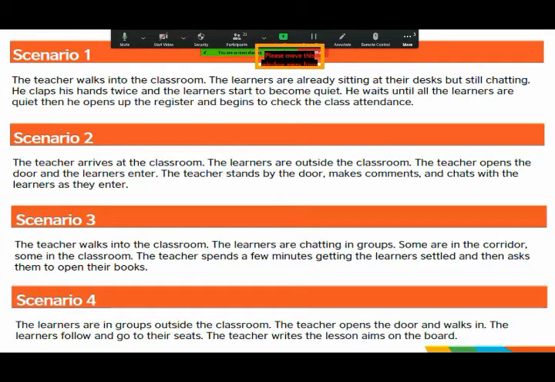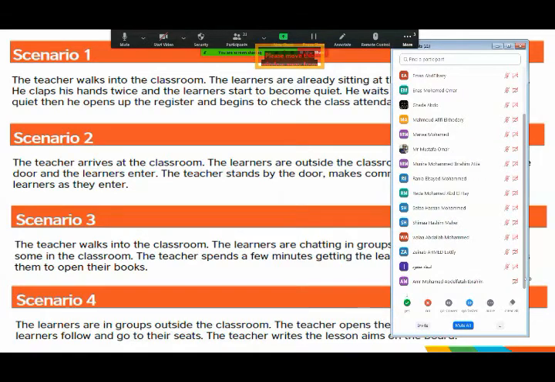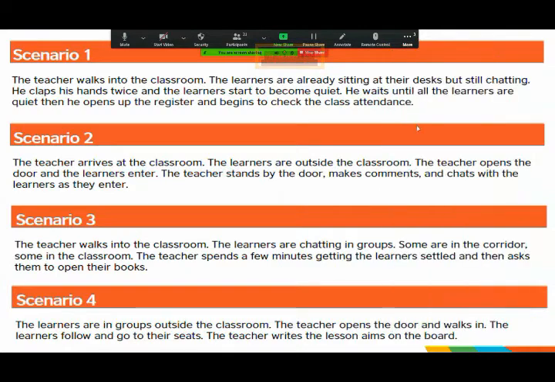And the others, try to read these scenarios and choose one of them or give us your opinion about these scenarios. Okay, have you finished? Yes, yes, sir.